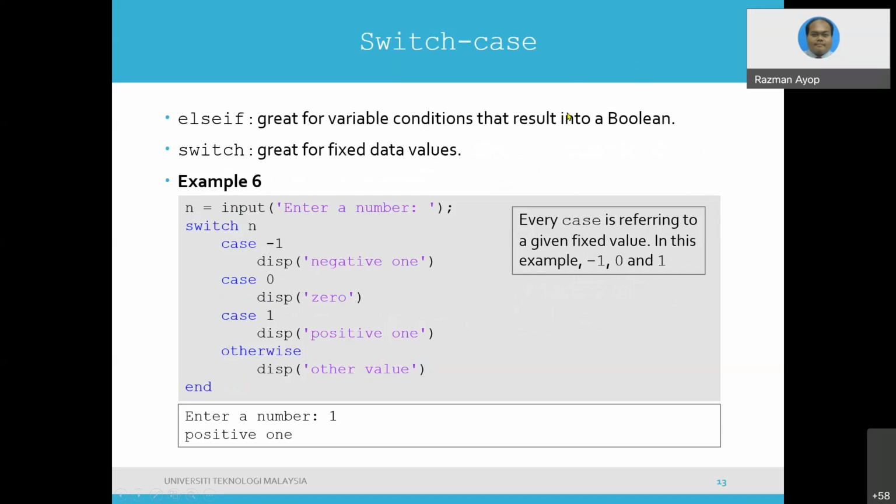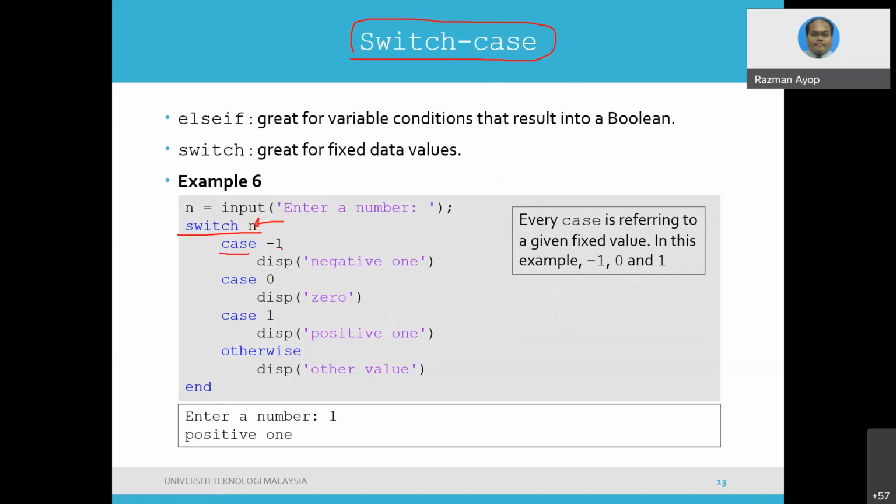If not, I continue with the next part, which is switch case. As I showed before, switch case is not Boolean. For the condition, you don't have true or false. It's more towards what happens if something is something. So you can see here switch, and you want to look at the n.